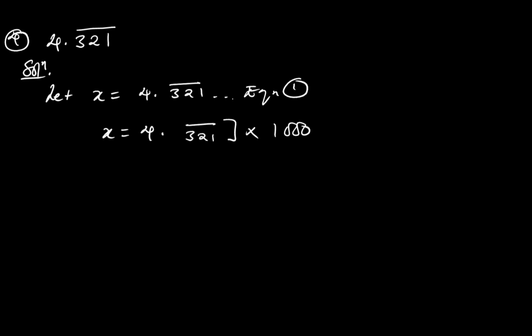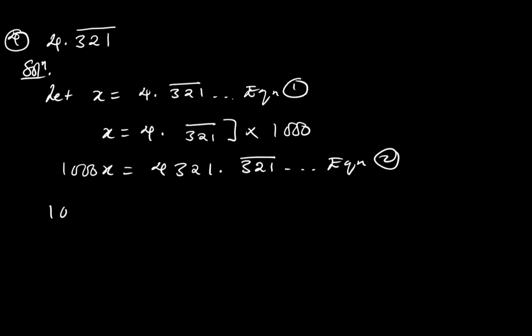So you will have 1000x being equal to 4321.321 bar. And this would be equation number 2. Subtracting the previous from the final, you have 1000x being equal to 4321.321, then subtracting x being equal to 4.321.